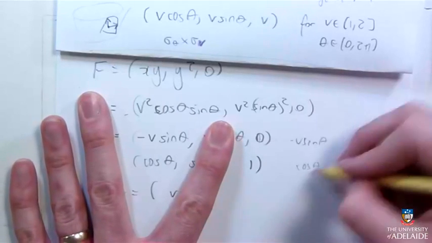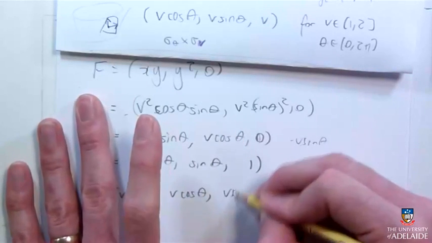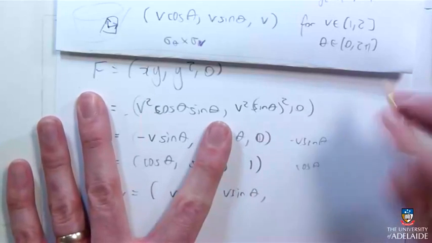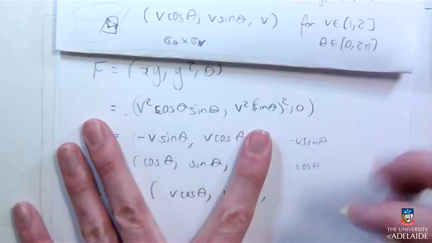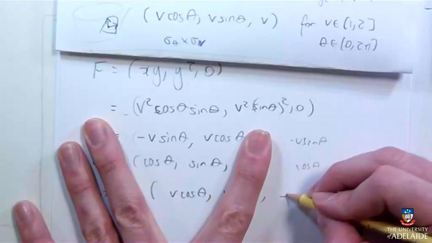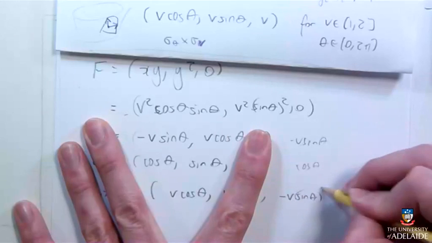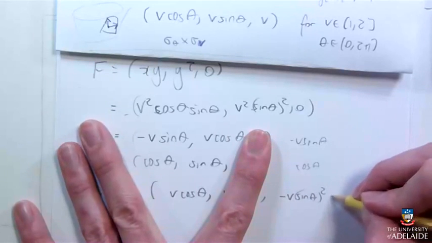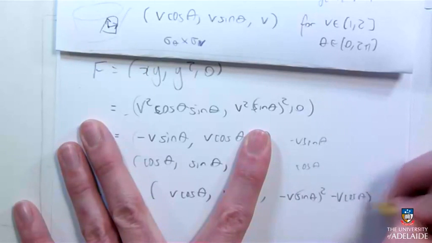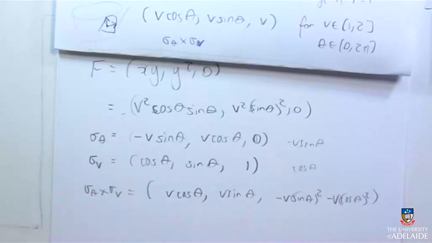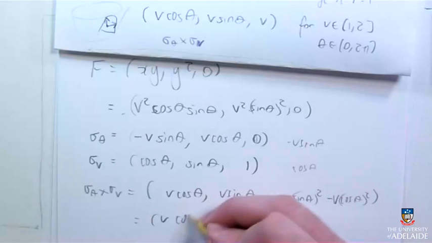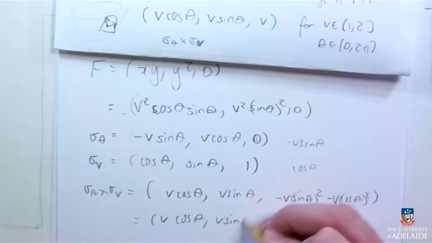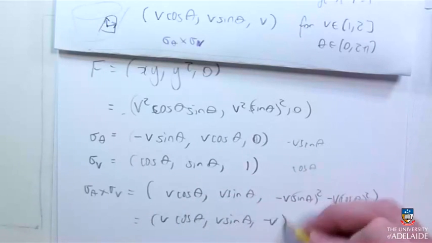We've got v sine theta in this spot. And in this spot we have minus v sine theta squared and minus v cos theta squared. And so we get v cos theta, v sine theta, minus v.